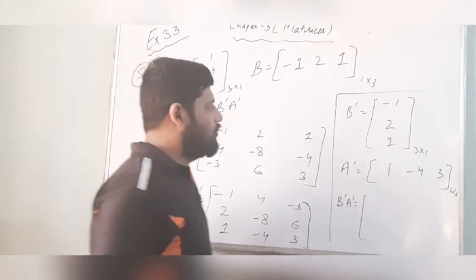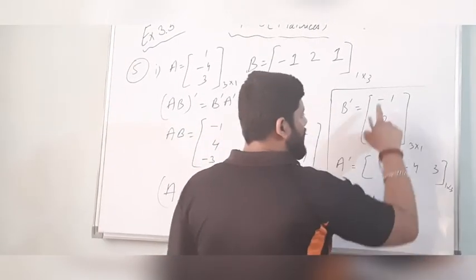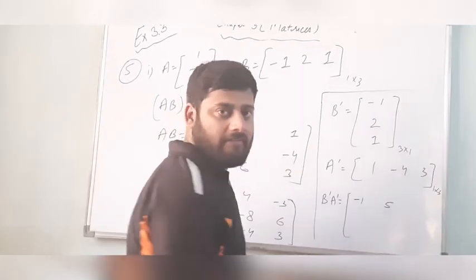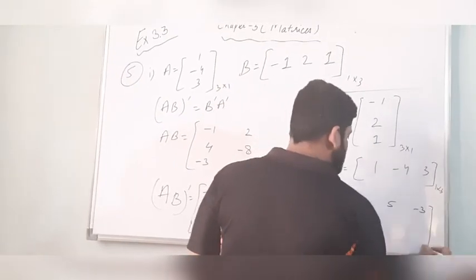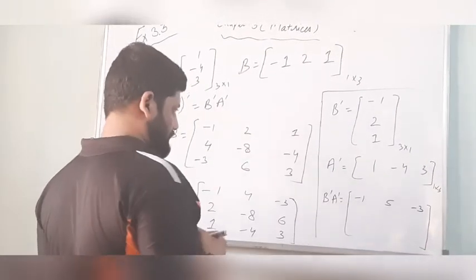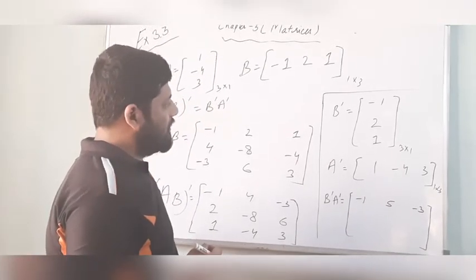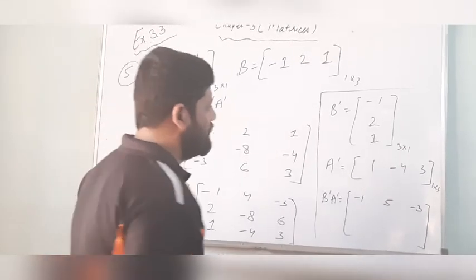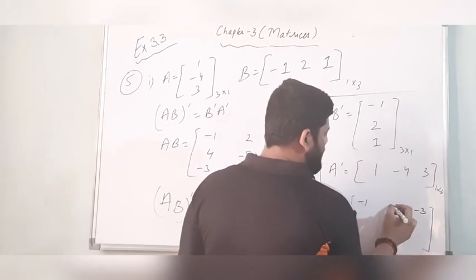We know that. So रो की सब कॉलम से -1 into 1 is -1. -1 into -4 is... ये plus 5 नहीं होगा, ये होगा -1 into -4 is +4.